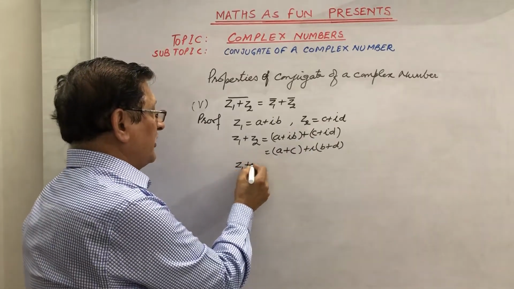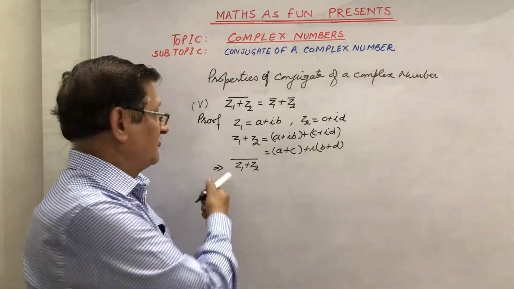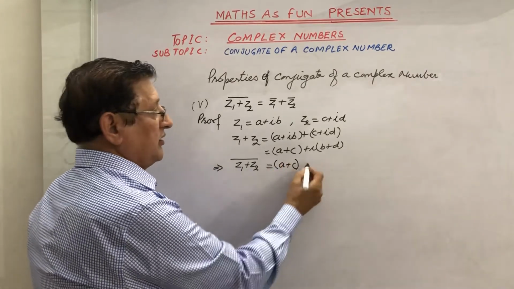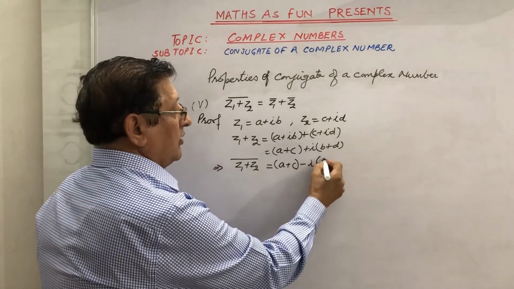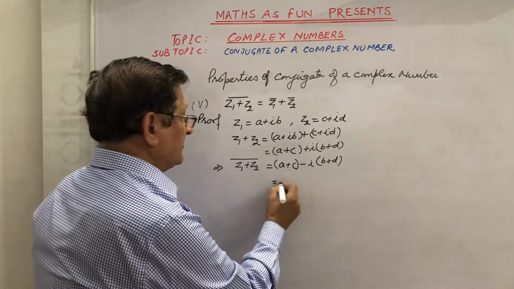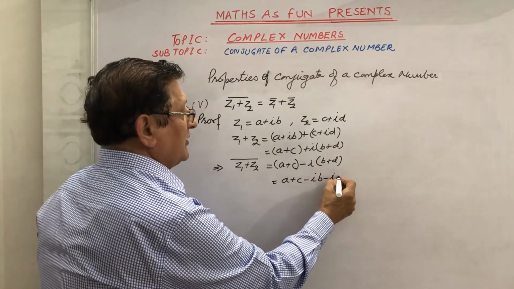What is the conjugate of this z1 plus z2? That is z1 plus z2 whole bar. Will that be a plus c minus iota times b plus d? If I simplify this, may I write this as a plus c minus iota b minus iota d?